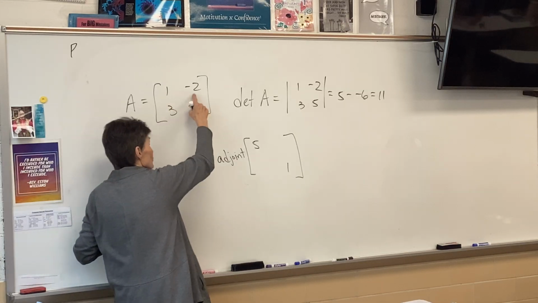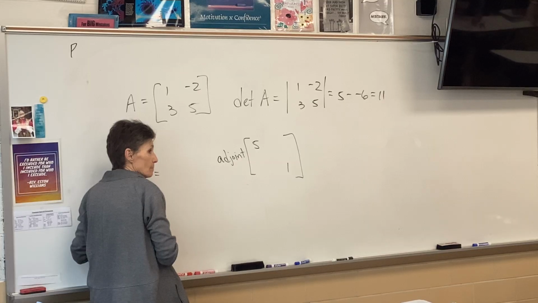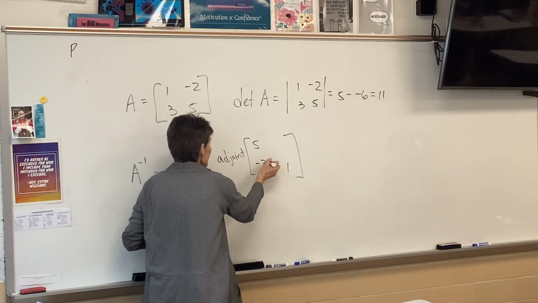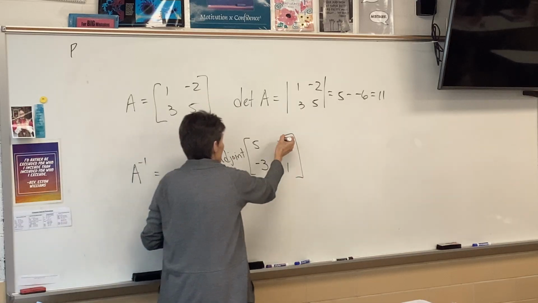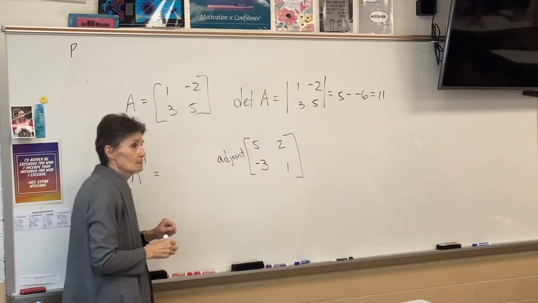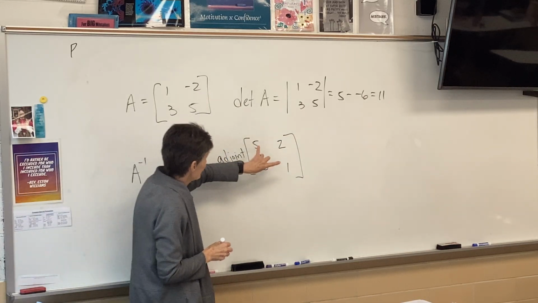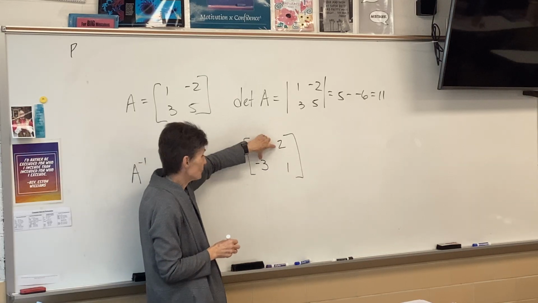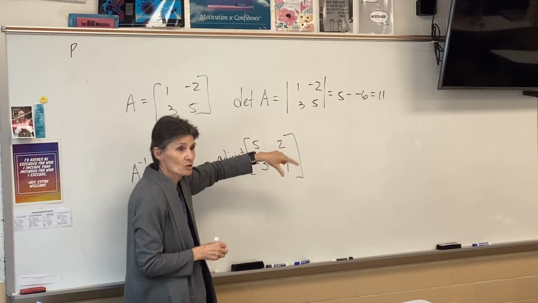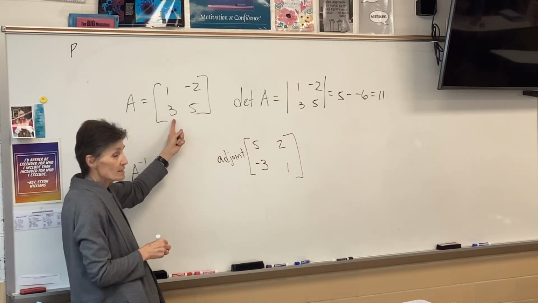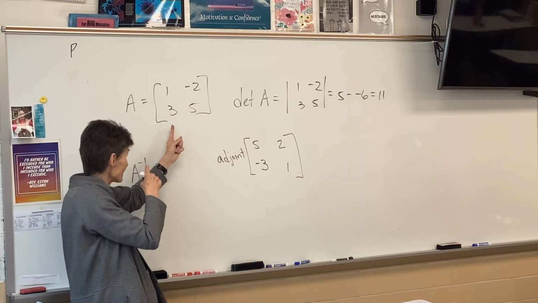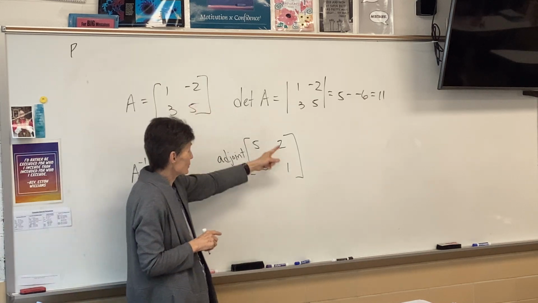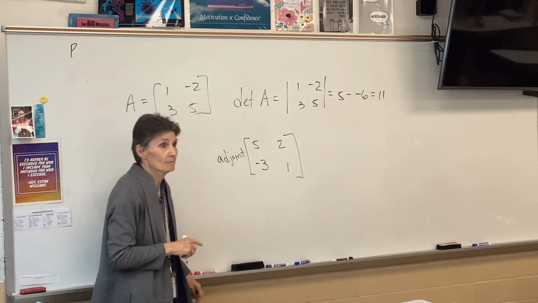The other two numbers, positives become negative, and negatives become positive. So these two switch places, these two change their signs. So that's a -3, so it becomes a positive 3. That's a -2, so it becomes a positive.